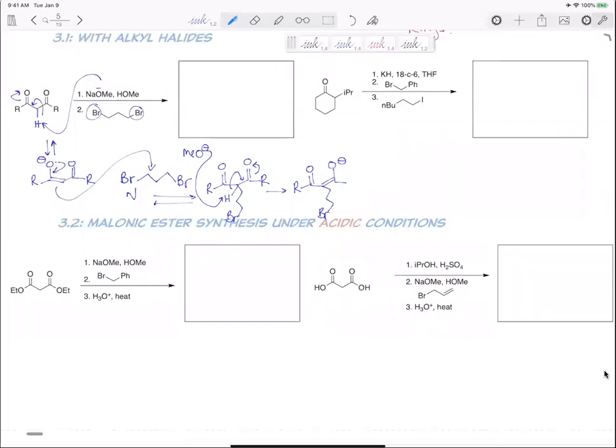So then the cycle repeats itself. It collapses back down into a carbonyl. Then your alkene becomes a good nucleophile, so it's going to attack the electrophile, kick off the leaving group, and do you see we're forming a ring?